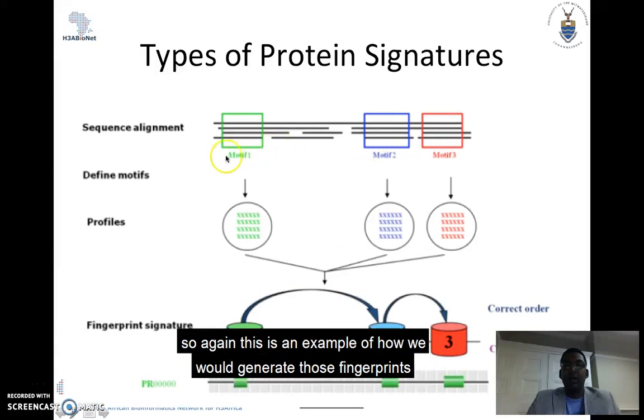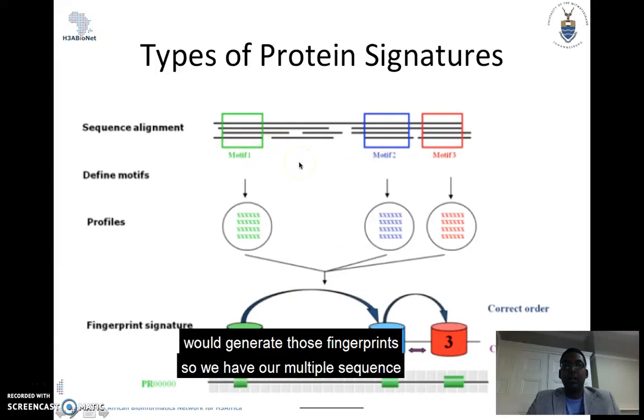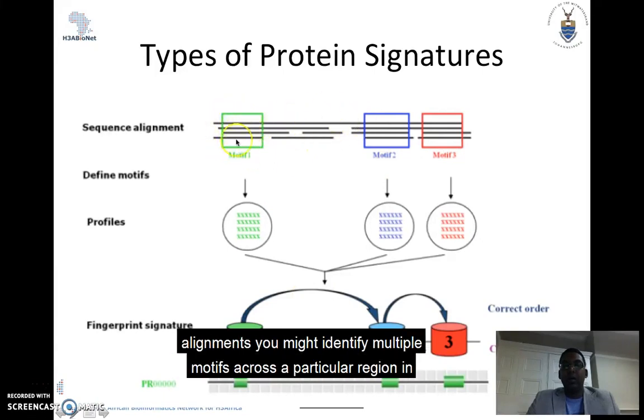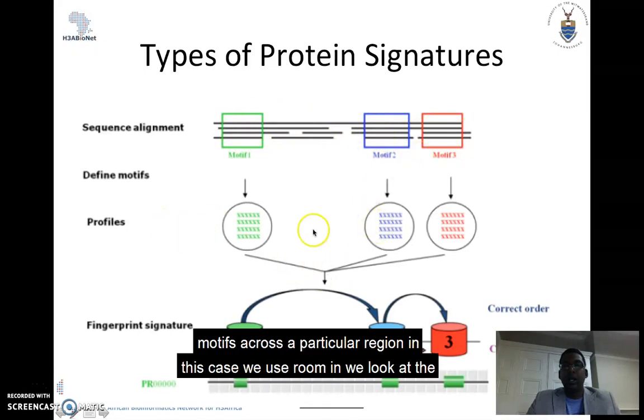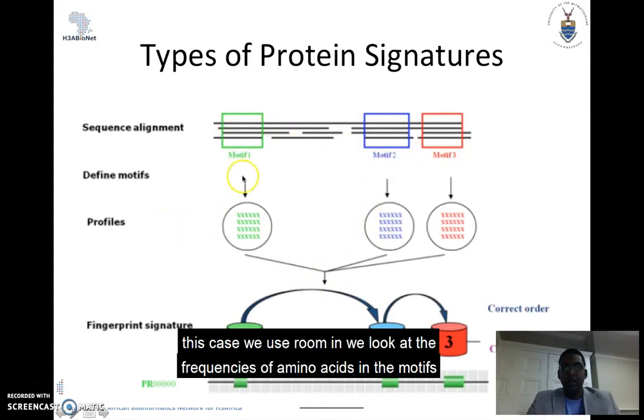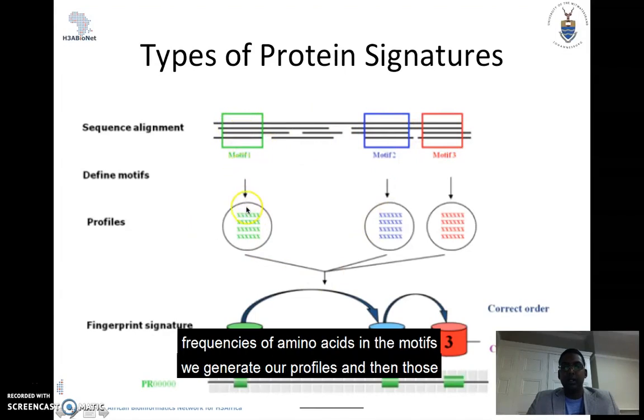So again, this is an example of how we would generate those fingerprints. So we have our multiple sequence alignment. We might identify multiple motifs across a particular region. In this case, we zoom in. We look at the frequencies of amino acids in those motifs. We generate our profiles.